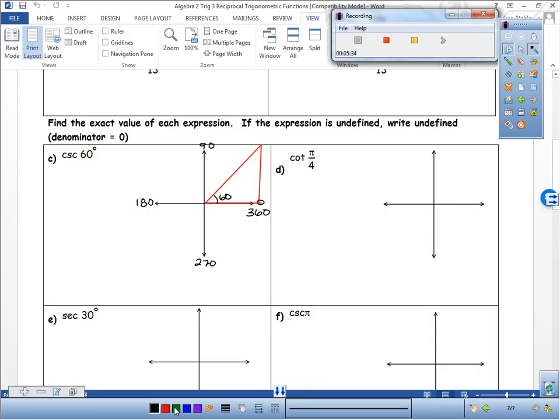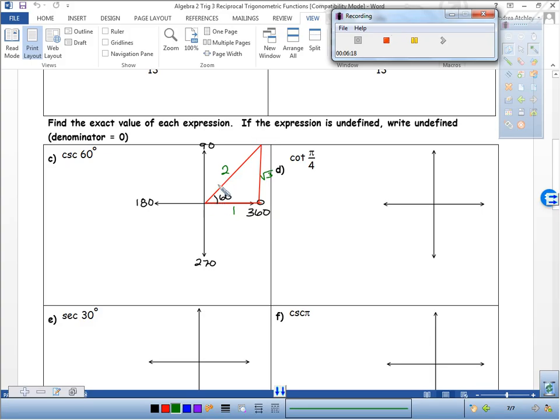Okay, then we need to write in our ratios. Reagan, what goes over here? Very good. Across from the 60 degree angle is the radical 3. Then class, what goes here? 1. And what goes here, class? 2.